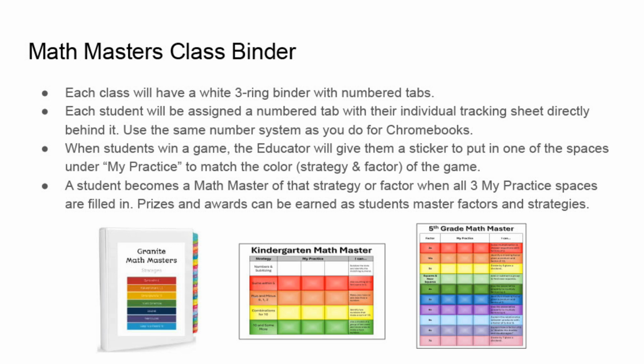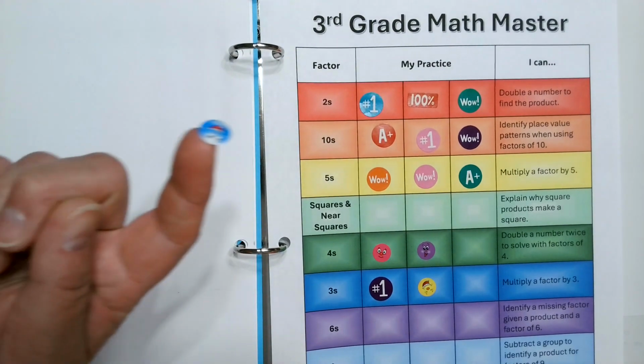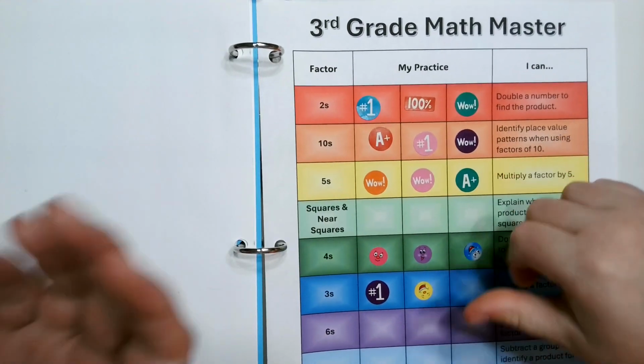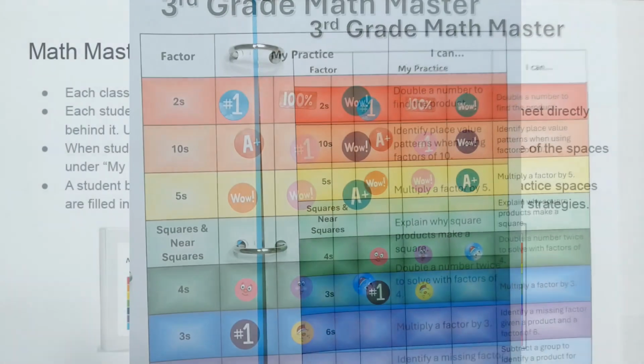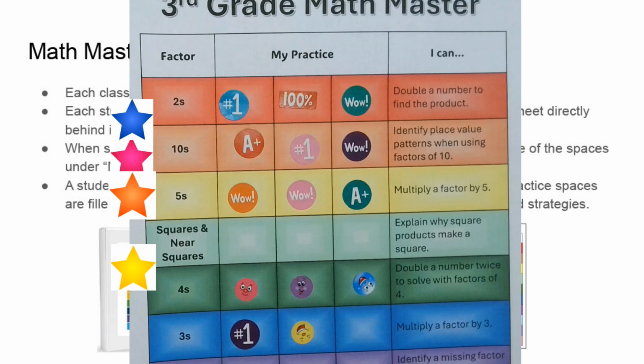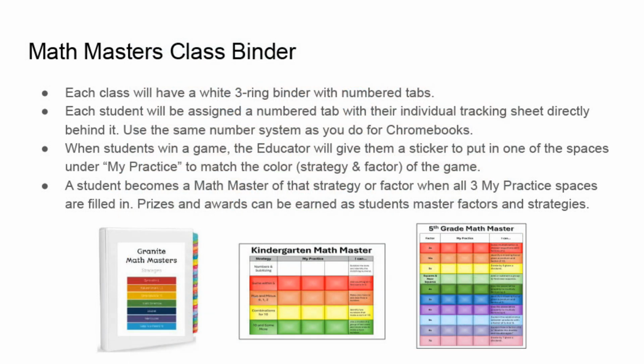When students win a game, they will be given a sticker to put in one of the spaces under My Practice that corresponds with the color or strategy and factor of the game that they played. A student becomes a math master of that strategy or factor when all 3 My Practice spaces are filled in on their tracking sheet. Prizes and awards can be earned as students master factors and strategies.